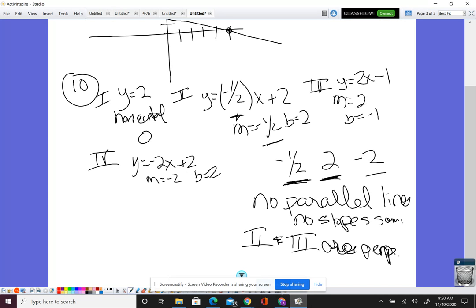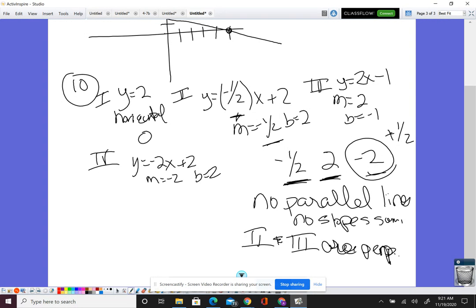Why would that not be the negative one? This one here? Yeah. Wouldn't the reciprocal be negative 1/2? The reciprocal would be negative 1/2, but in order to be perpendicular, it's the opposite reciprocal. So then I would have to look for a positive 1/2. Okay.